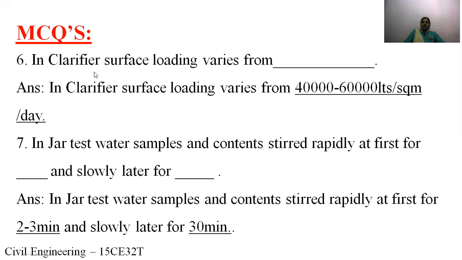Next question. In a clarifier, surface loading varies from dash. Answer: in a clarifier, surface loading varies from 40,000 to 60,000 liters per square meter per day. Next question.